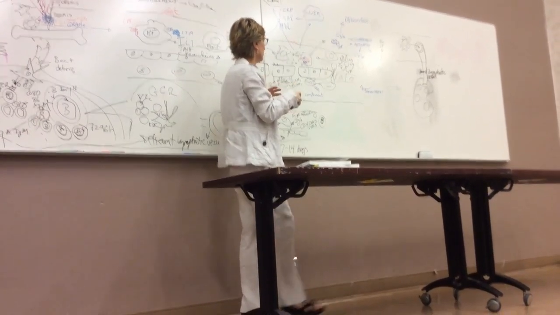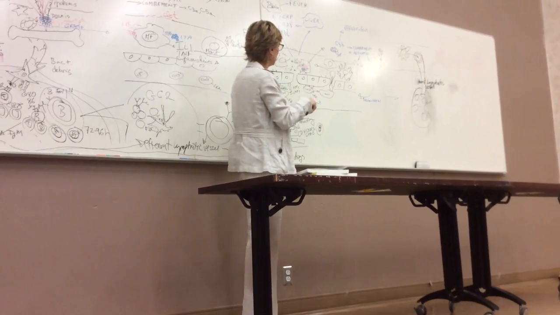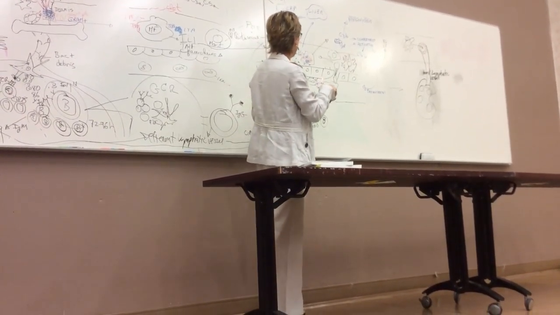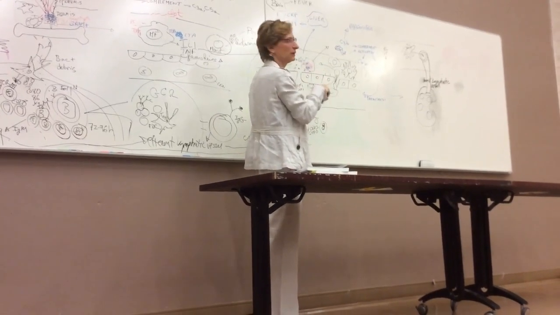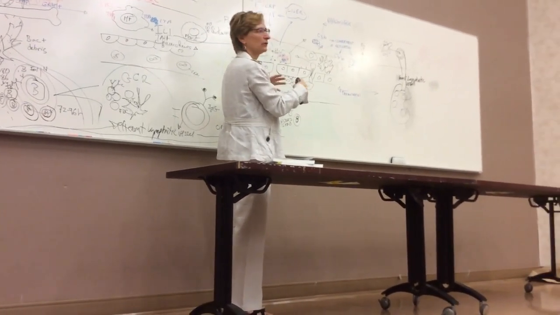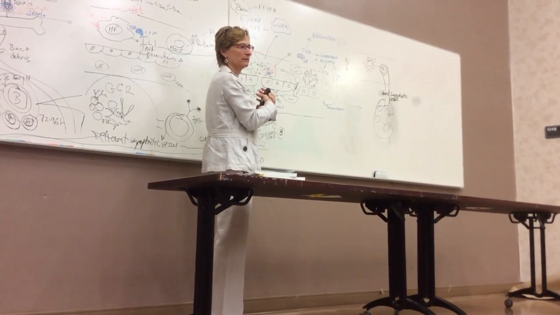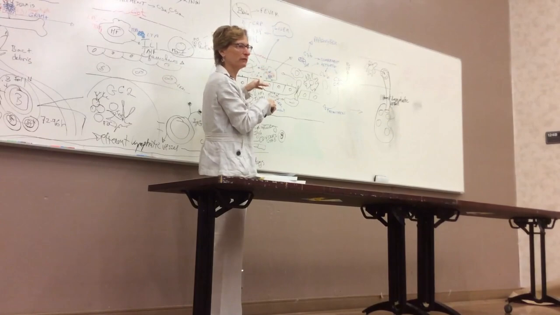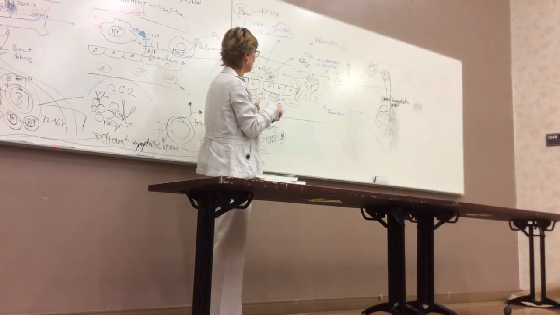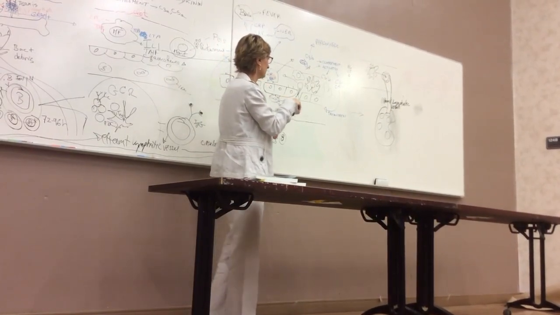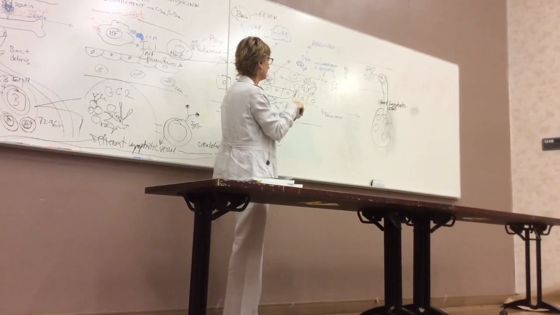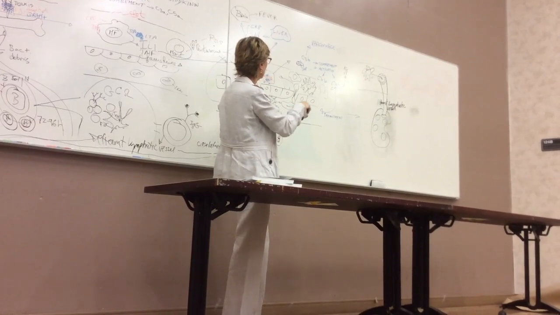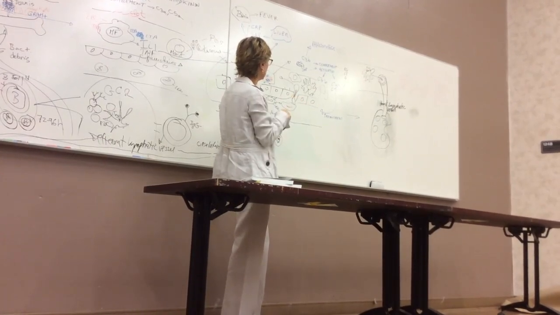And now it's a high affinity LFA-1 that is going to be able to bind to ICAM1 on the surface of the endothelial cells. And so now the adhesion is going to be very tight. And so the neutrophil is going to stop on the surface of the endothelial cells. There is going to be a cytoskeleton rearrangement, and then it's going to be able to squeeze between the endothelial cells and follow the gradient of chemokine.